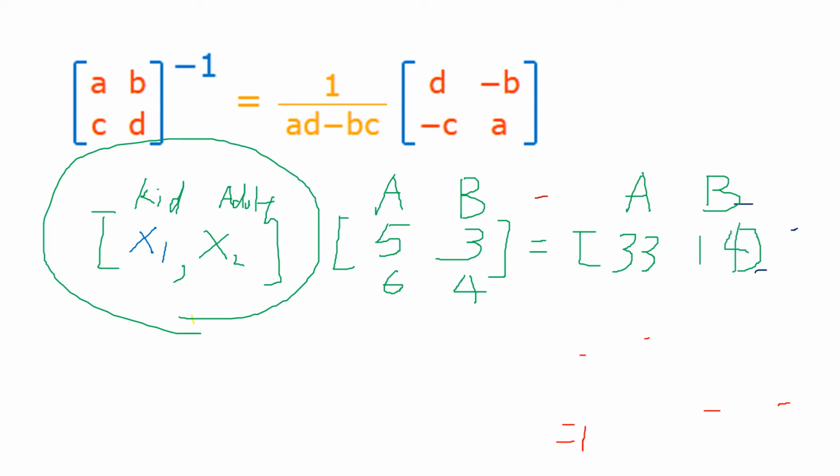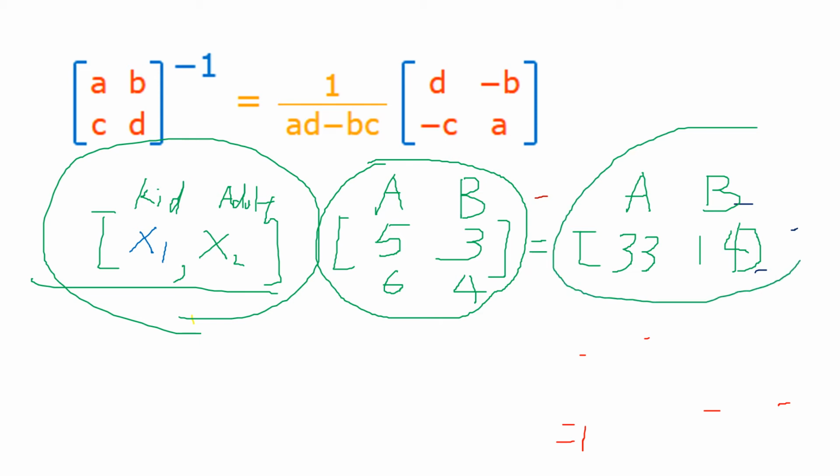So now we don't know how many kids and adults there are, but we know the unit price for each park and the total cost for each park. Now we're going to solve how many kids and adults there are in total.